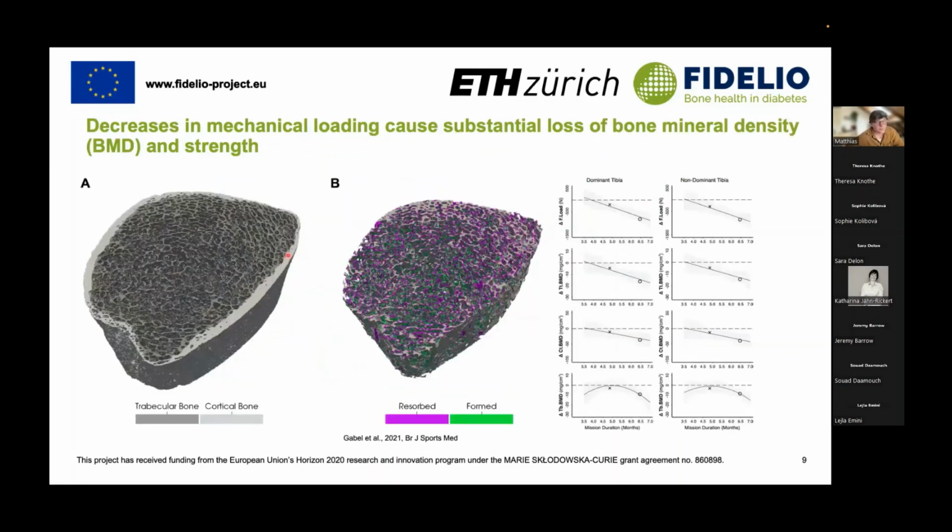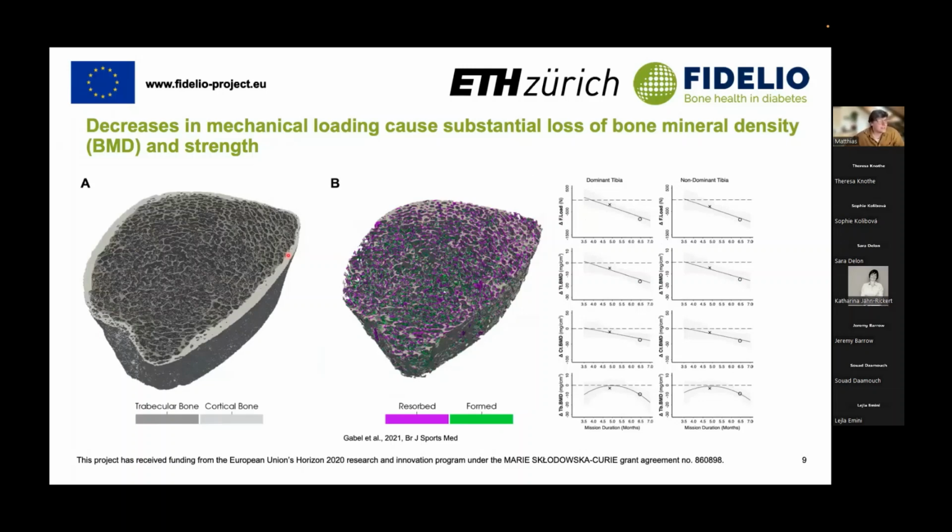An example of the opposite effect, where unloading is experienced, is, for example, in microgravity. This is, of course, a very extreme case of astronauts that go to space, but it could also be associated with a decrease in activity or even immobilization in some patients due to different chronic conditions or aging.